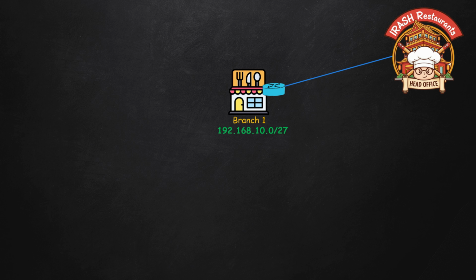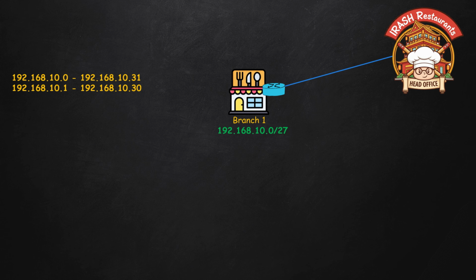This 27 stands for 255.255.255.224, and this branch office network starts from 192.168.10.0 to 192.168.10.31. But in the real world, you can use the IP addresses starting from 192.168.10.1 to 192.168.10.30 because the network ID and broadcast ID we cannot use for the devices.